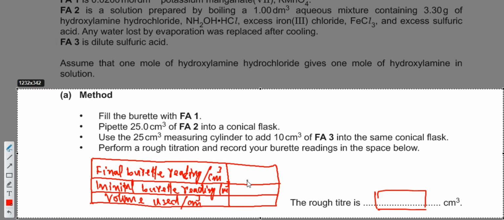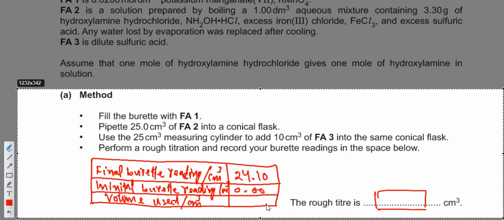For example, right now I am taking my answer as the final reading. First of all I'm saying the initial reading was 0.00. Then the final reading I got is, let me correct it, let's suppose the initial one is 0.00, and the final was 24.10, for example.